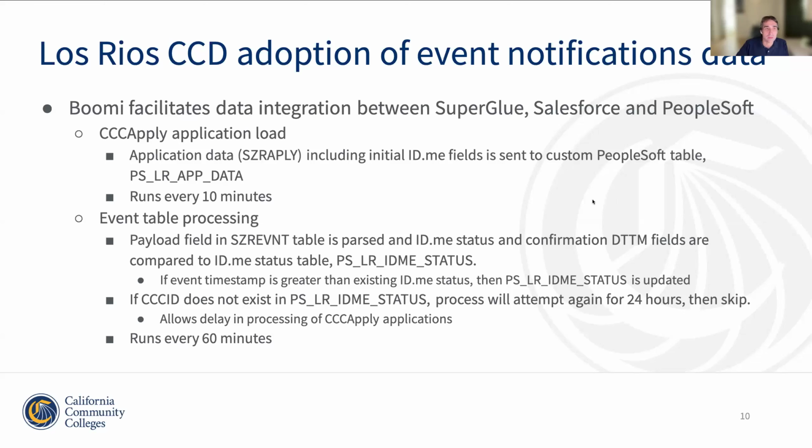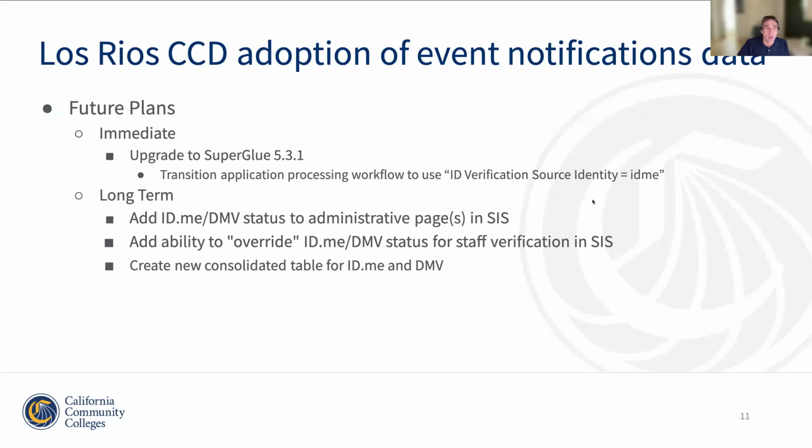If you go to the next slide, please. I guess let me just close on the last slide. That's really the process we have. We have two sources of ID.me data, and we're consolidating them into one single PeopleSoft table that the financial aid office can query. Previously they were querying just the CC apply table, which had the ID.me status, but that was a static value.